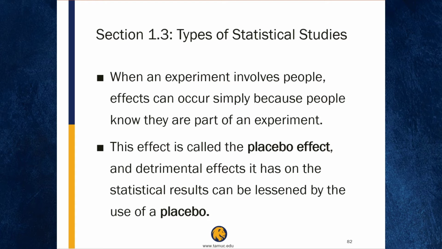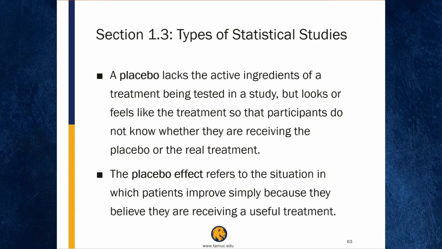So a placebo lacks the active ingredients of a treatment being tested in a study but looks or feels like the treatment so that the participants do not know whether they are receiving the placebo or the real treatment. The placebo effect refers to the situation in which patients improve simply because they believe they are receiving a useful treatment.